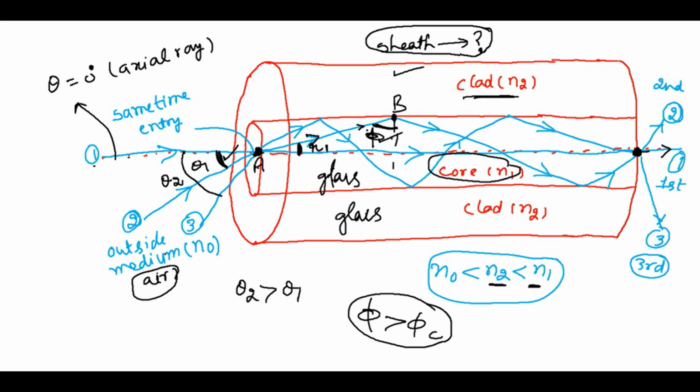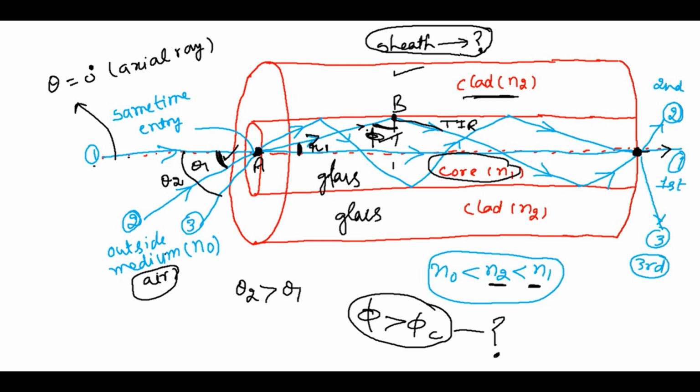How will we keep phi greater than the critical angle? It is a question which I will answer in my next lecture. For the time being, you assume that phi is greater than the critical angle. So if both conditions are met, this ray at point B will not go into the clad. It will suffer total internal reflection, and after suffering total internal reflection, it will come back into the core.